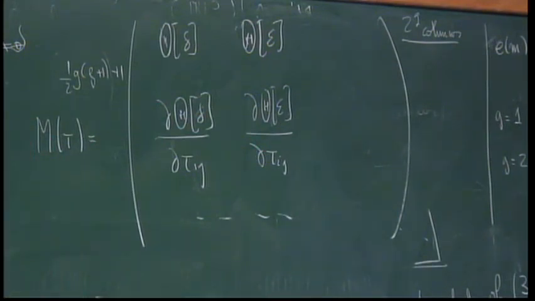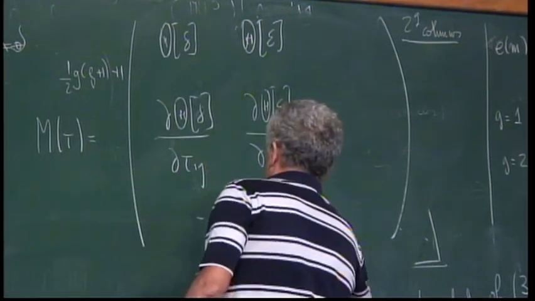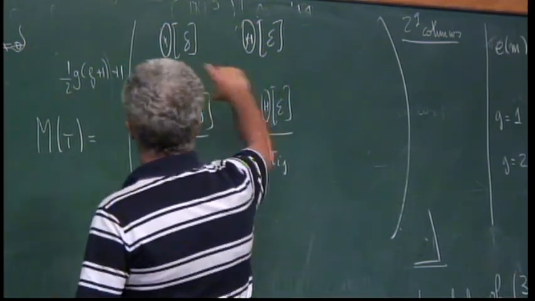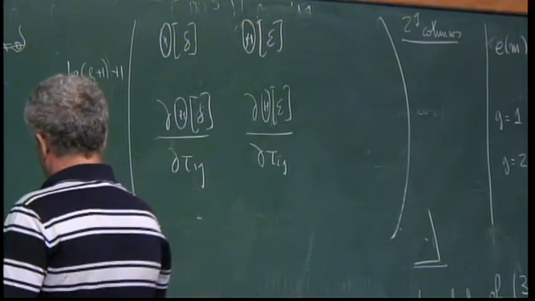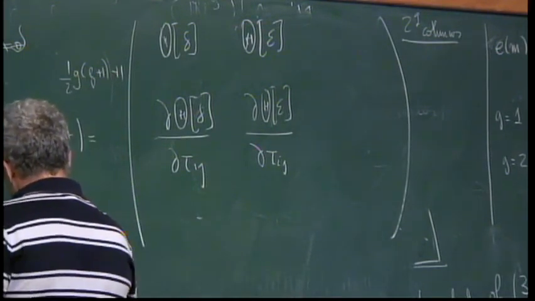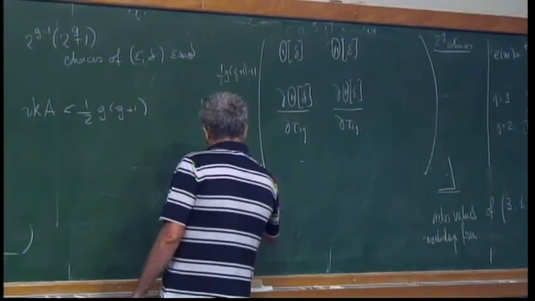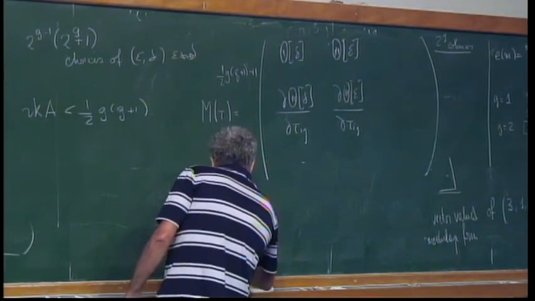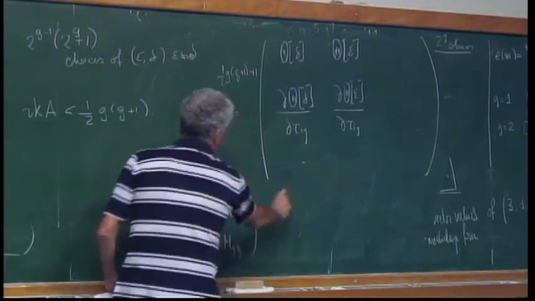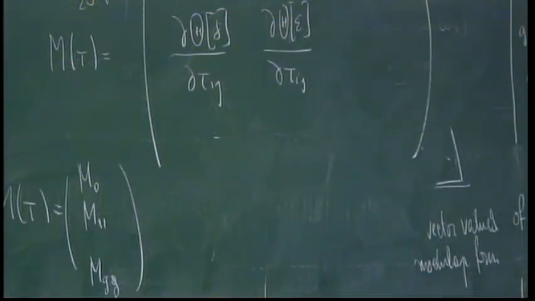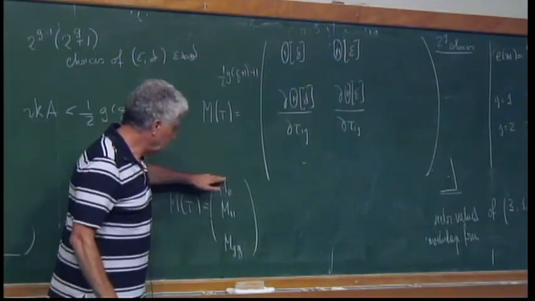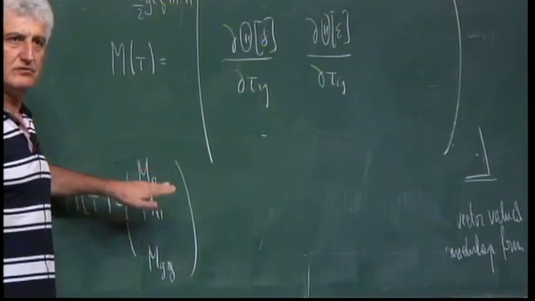Now, in this matrix A, I want to give indices to the rows. So M tau is just M0, M11, up to MGG. I want to put some emphasis on this row. And now I consider the wedge product of the first row with the second row, the first row with the third row, and so on.